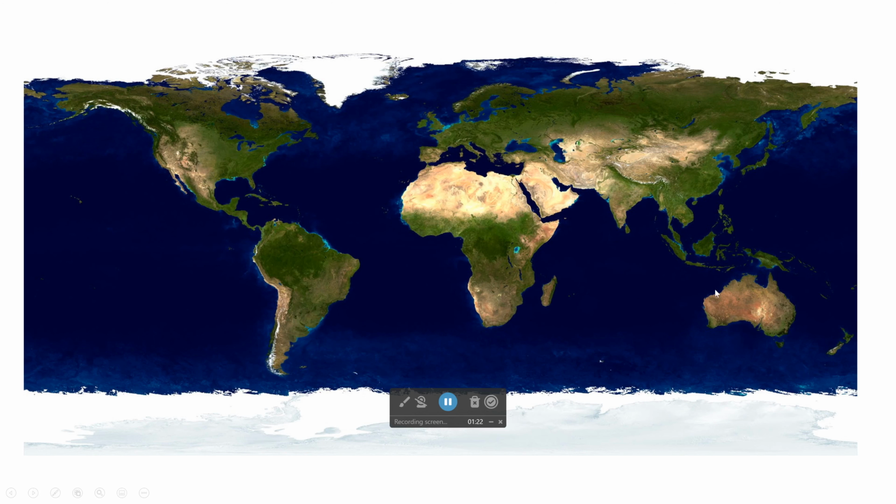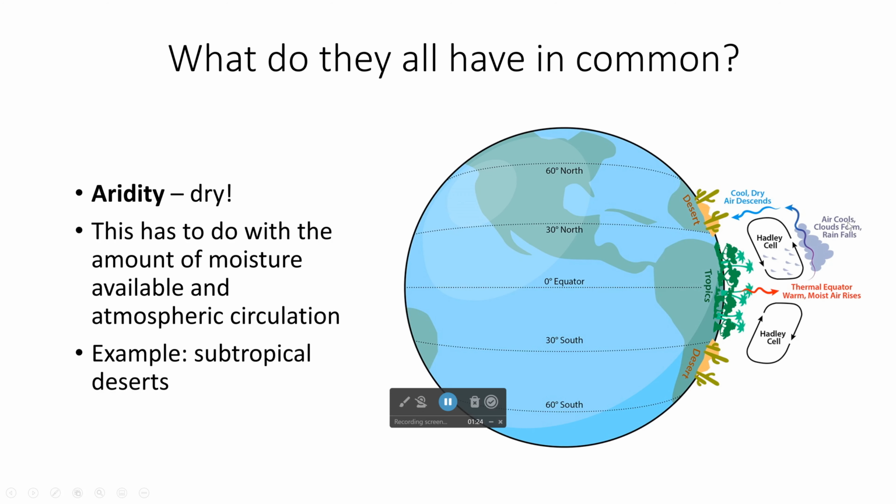So you can see that they're distributed throughout the world. What do they all have in common? Well, I've already mentioned this: aridity. Aridity means that they are all dry. They have very low precipitation and moisture. And this has to do with the amount of moisture that's actually available due to atmospheric circulation.